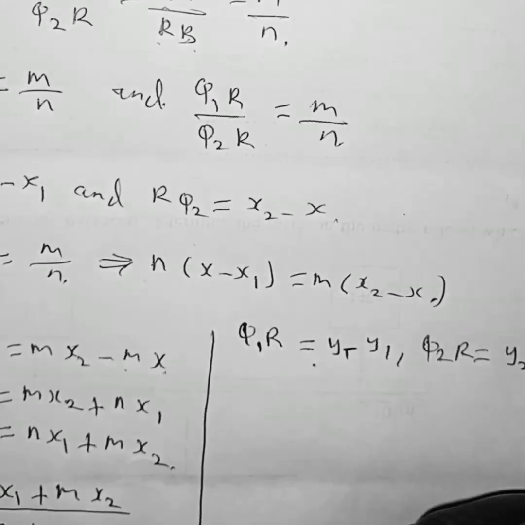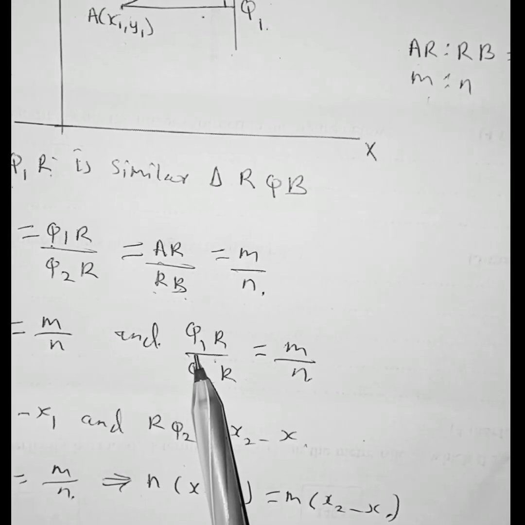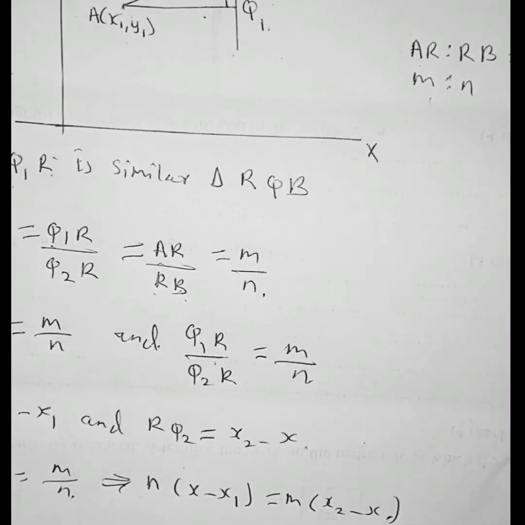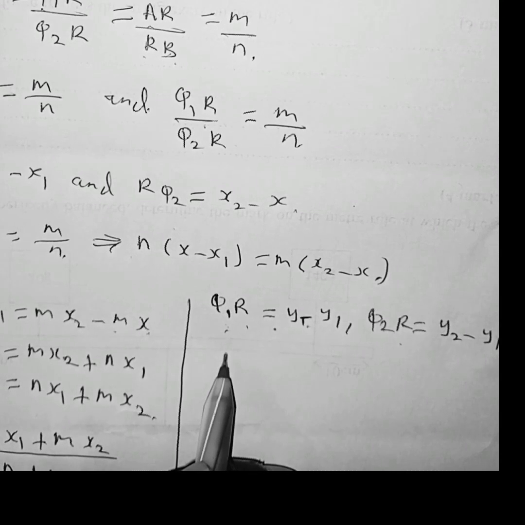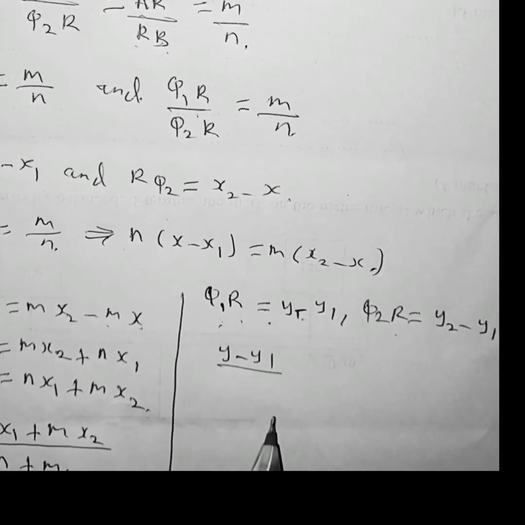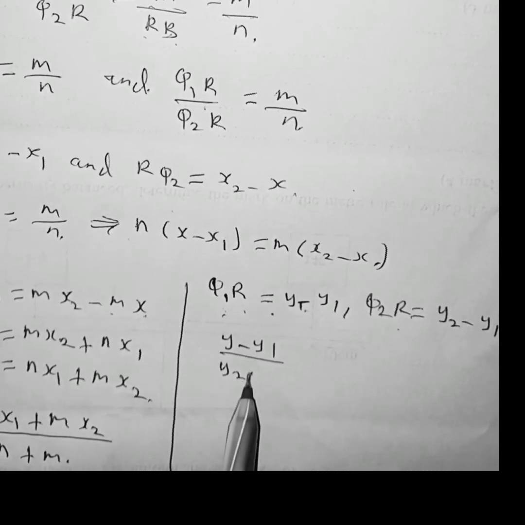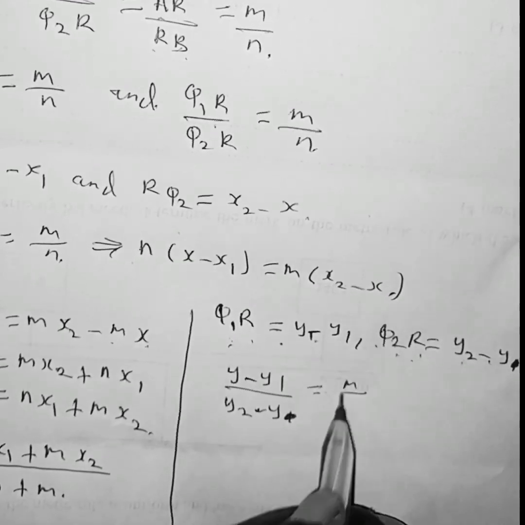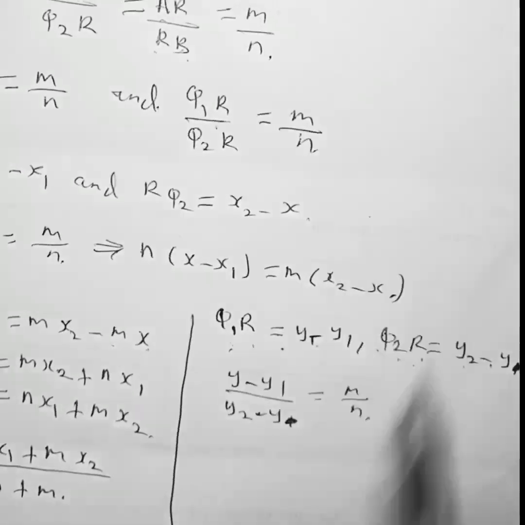So instead of Q1R over Q2R, we are going to have (y minus y1) divided by (y2 minus y), which is equal to m over n, using this equation here.